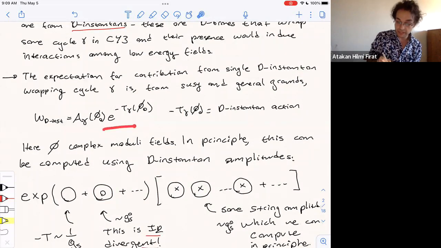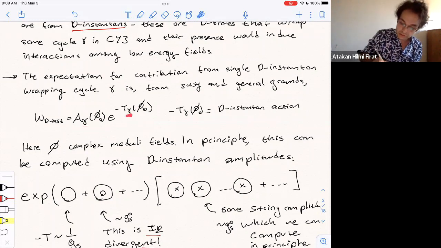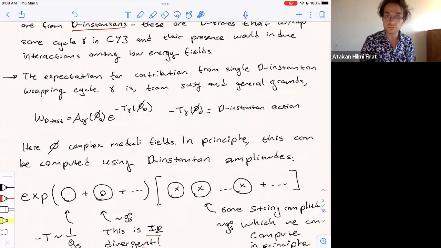We expect an exponential, because it's breaking some axionic symmetry, with the D-instanton action, and there will be some normalization, and these will depend on the moduli that we specify. Here I'm not distinguishing Kähler or complex moduli yet. I'm just saying these are possibly depending on these moduli. But for example, in type IIB, this only depends on the Kähler moduli.